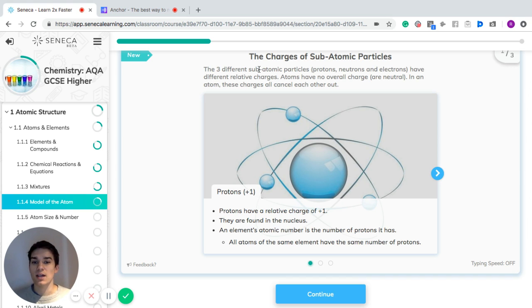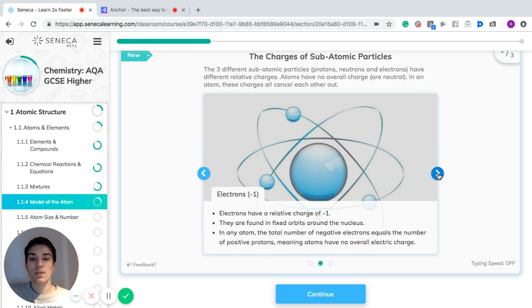Protons have a relative charge of +1. They're found in the nucleus, and the element's atomic number is the number of protons it has. All atoms of the same element have the same number of protons.